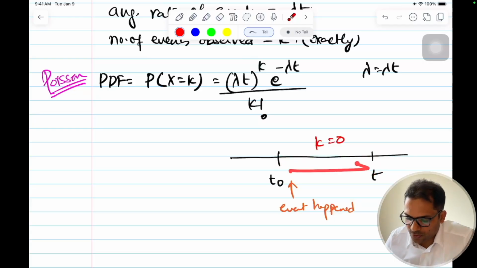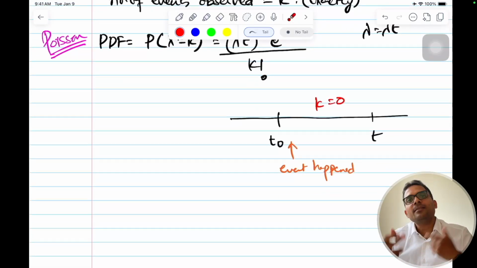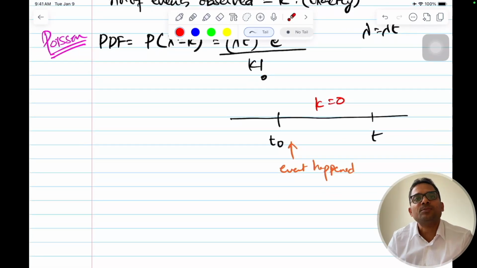This is what will give me the waiting time, so that I can compare it with the exponential distribution.